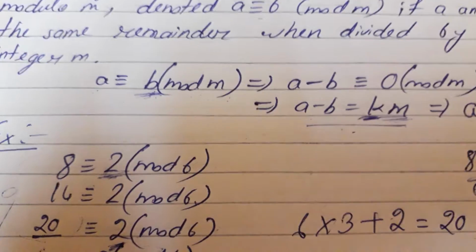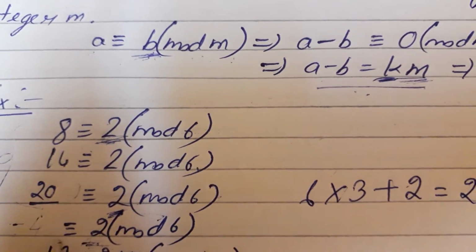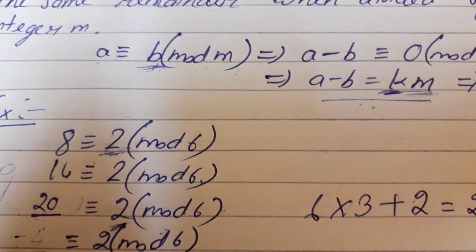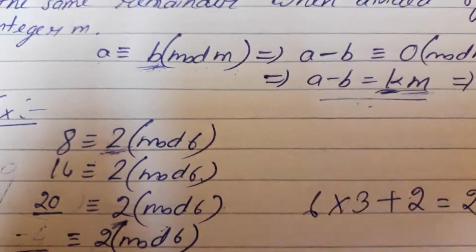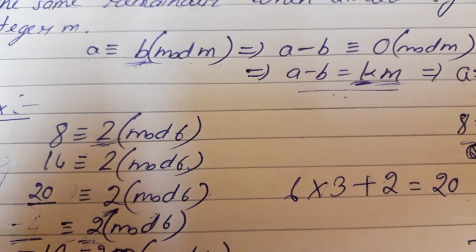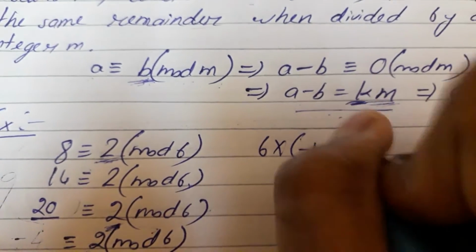See, if you have to find a negative integer congruent to 2 mod 6. Now see, 6 is the divisor. So 6 into minus 1, and 2 is the remainder, so plus 2.